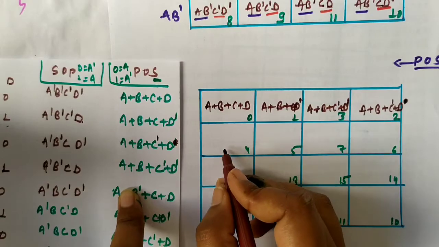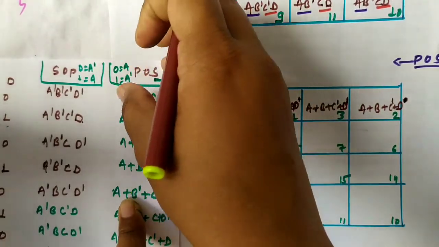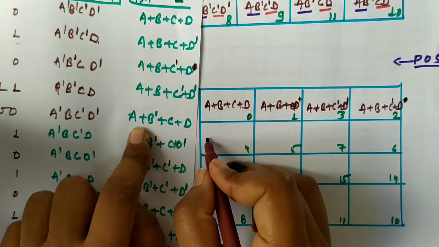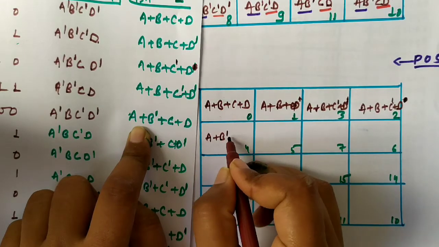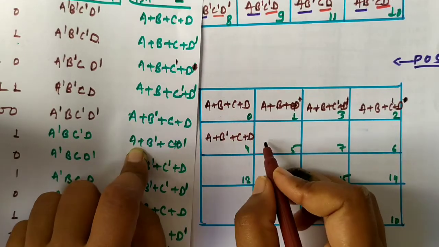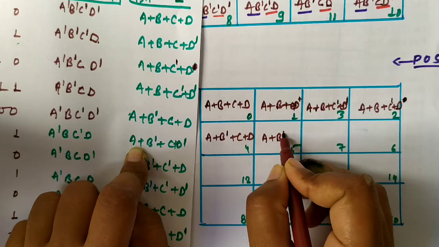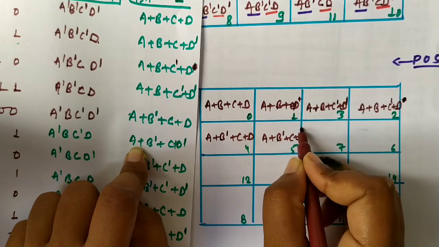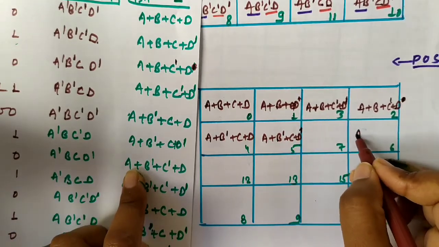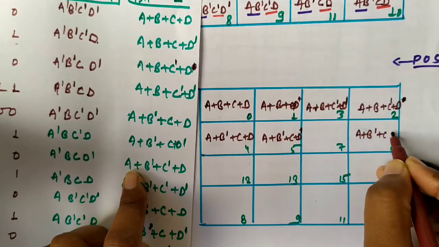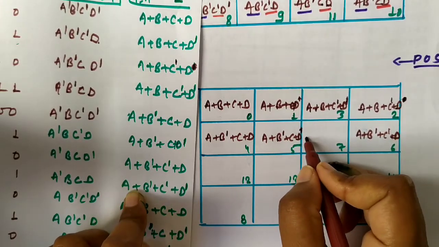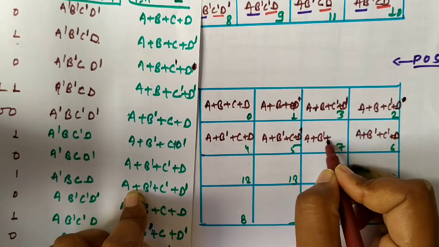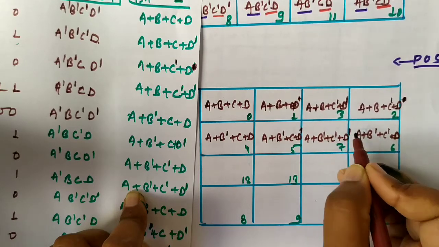Next 4: A plus B dash plus C plus D. 5: A plus B dash plus C plus D dash. 6: A plus B dash plus C dash plus D. 7: A plus B dash plus C dash plus D dash.